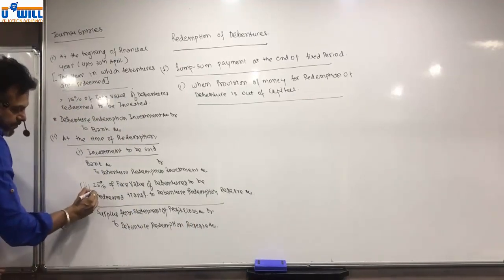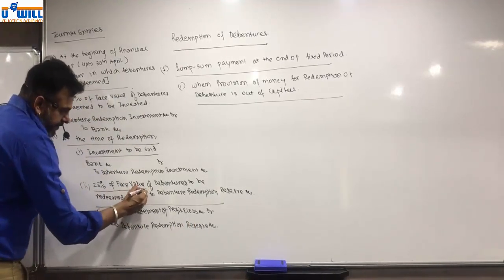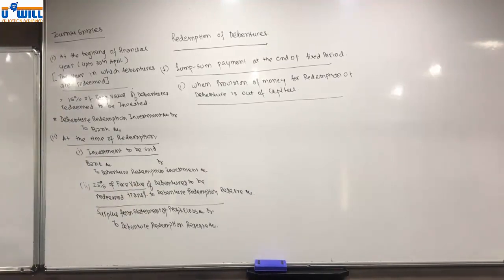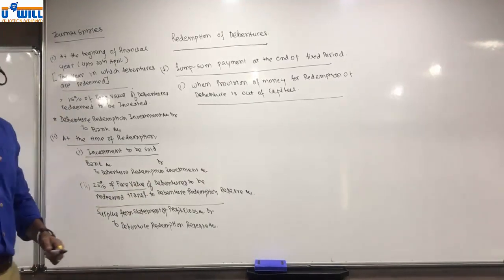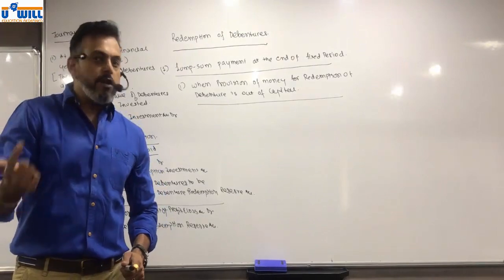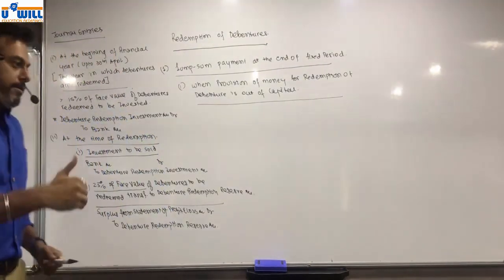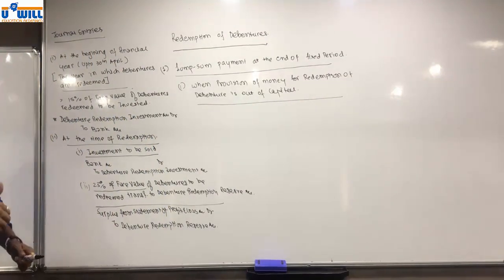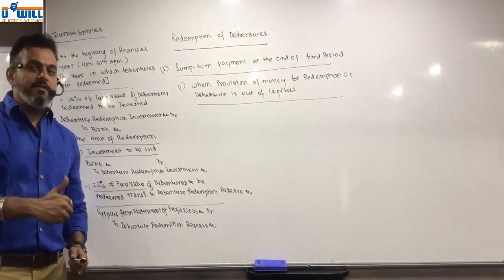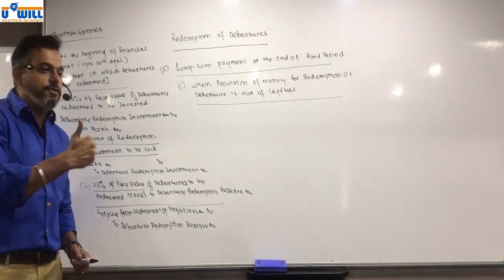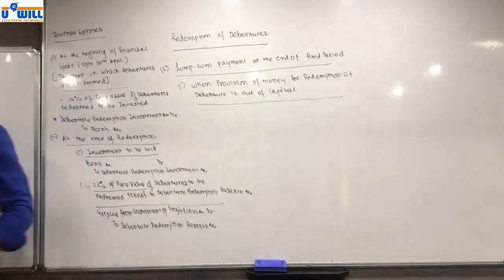Now very important is 25% of the face value. Investment कितना करना है? 15% of the face value. By which date? 30th April. And जब redeem करेंगे तो 25% of the face value will transfer to debenture redemption reserve account.